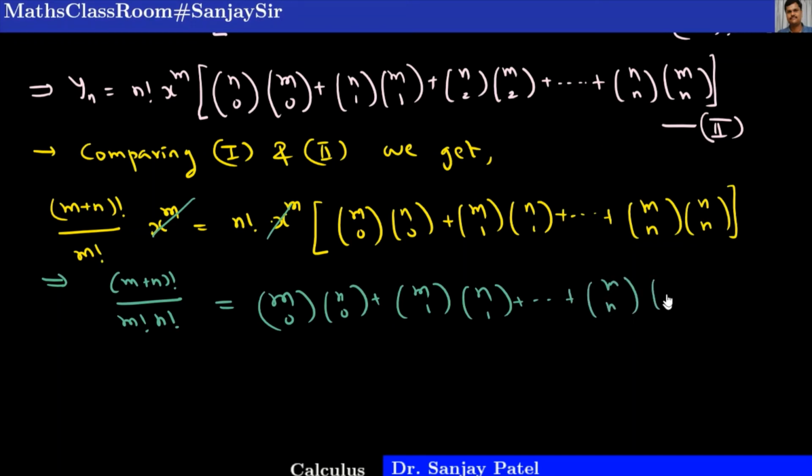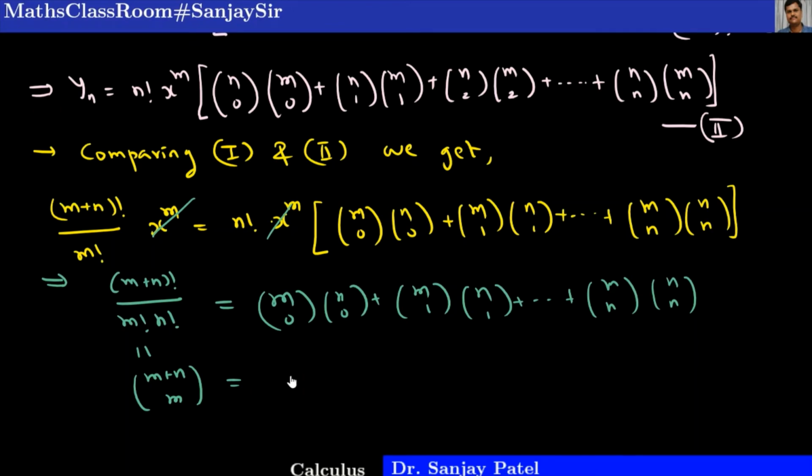Again, if you wish, you can write this left hand side as m plus n cm, so it is m plus n factorial upon n factorial into m plus n minus m factorial. You can write m plus ncn or m, anything you want.